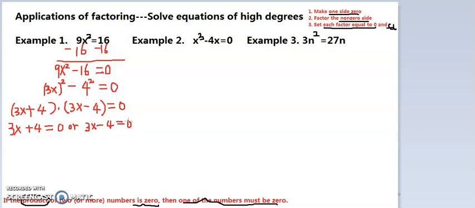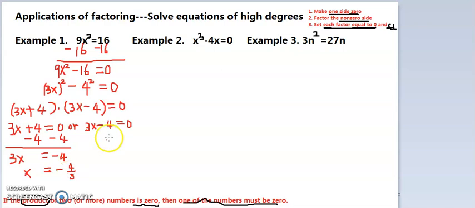Now we're going to solve each one. Don't stop here, because we still need to get x by itself. So we're going to subtract 4 from both sides, and then divide both sides by 3. So 3x equals negative 4, and dividing both sides by 3, we get x equals negative 4/3 if the first parenthesis is 0.